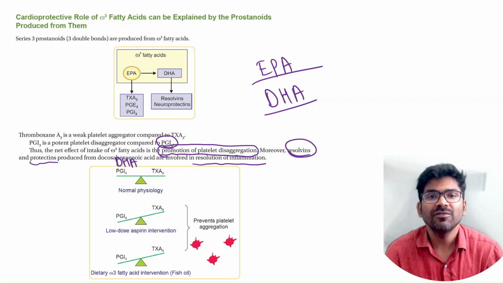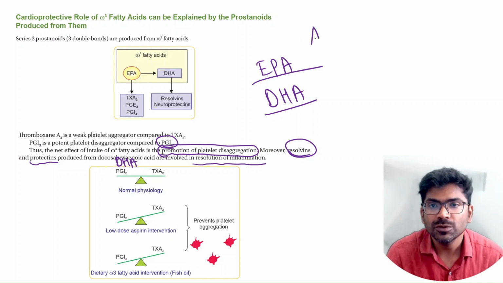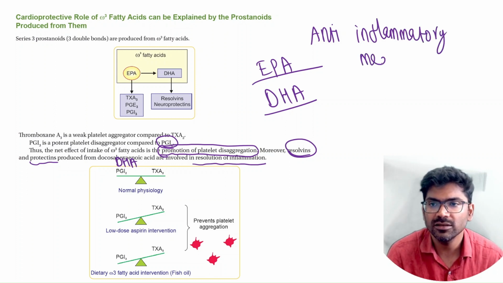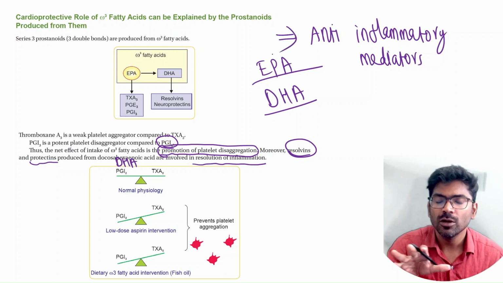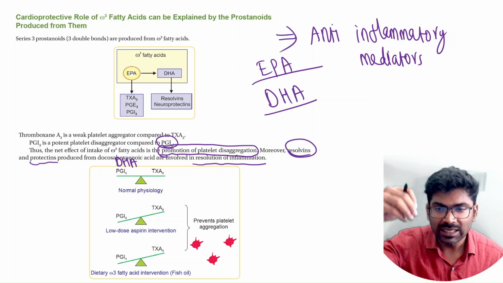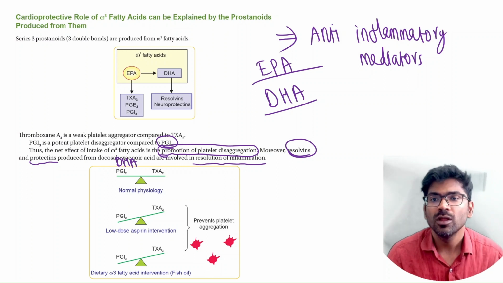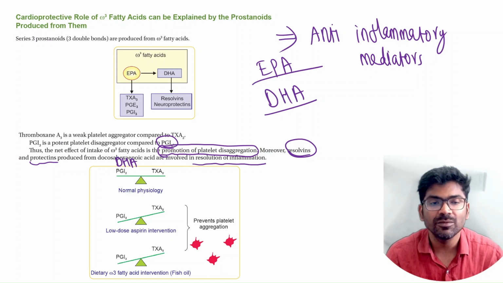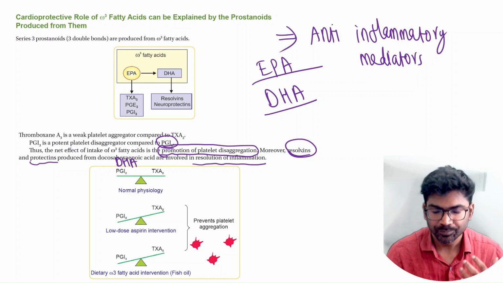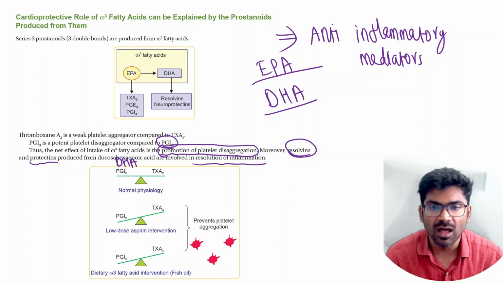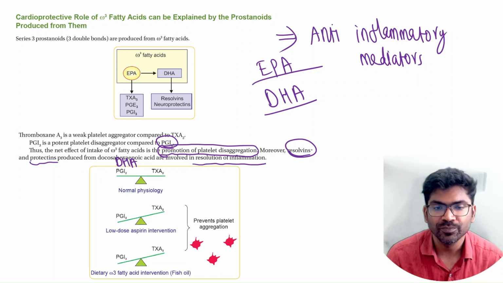So omega-3 fatty acids produce anti-inflammatory mediators. Is this clear? So they push the equilibrium towards less platelet aggregation, more vasodilation, and they also produce certain messengers which have anti-inflammatory function. So that is why omega-3 fatty acids are cardioprotective.